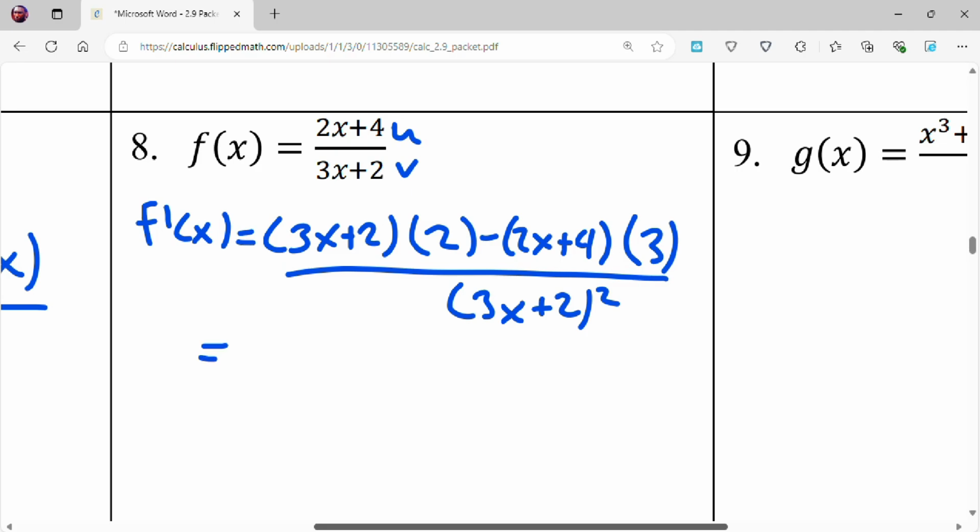This equals, and then distribute, 6x plus 4 minus 6x, right?